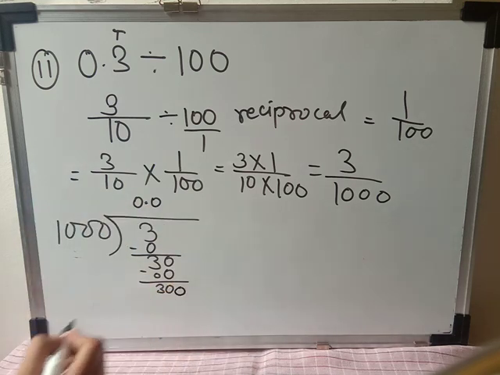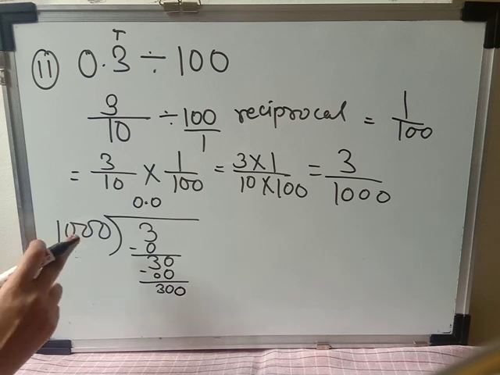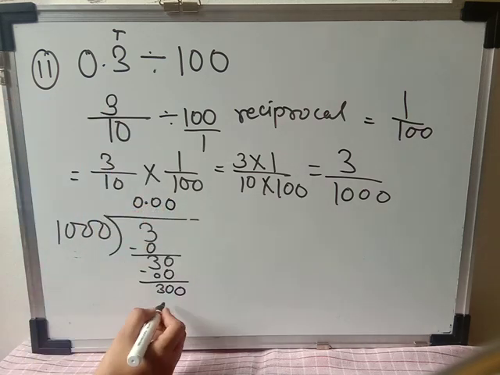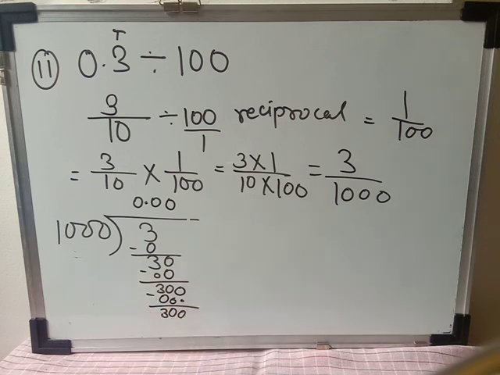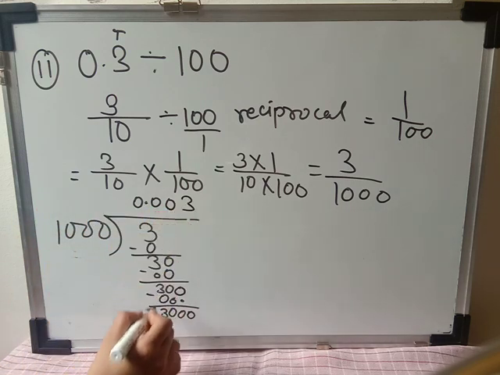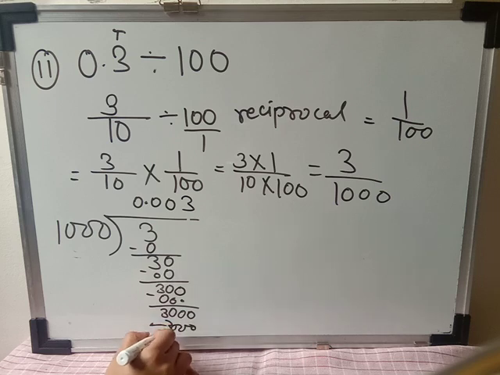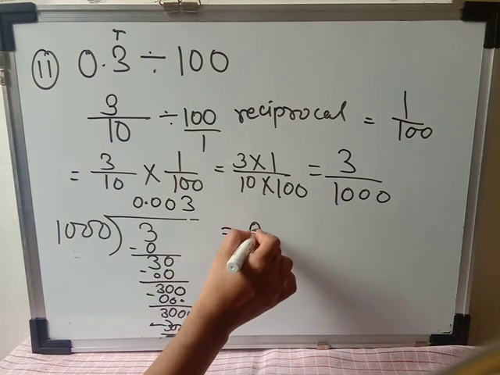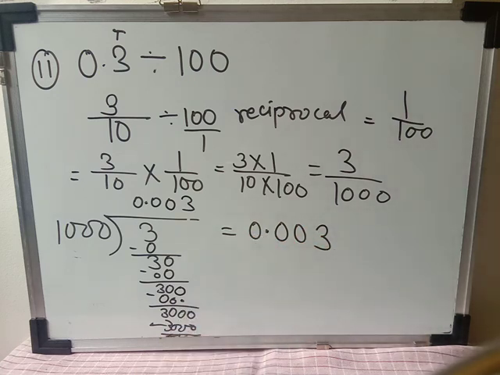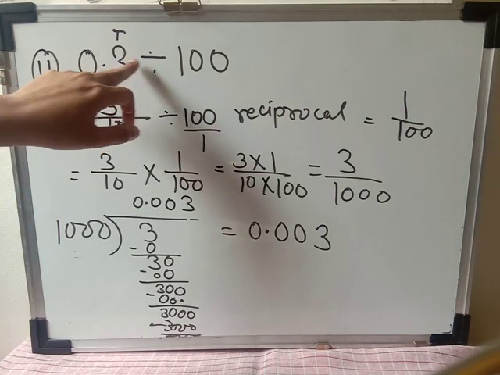Again we can take a 0. 300 is less than 1000, so again we divide with 0. Now one more 0 we can take, and 3000 is directly divisible by 1000. So 1000 threes are 3000. So here we got the answer, that is 0.003.